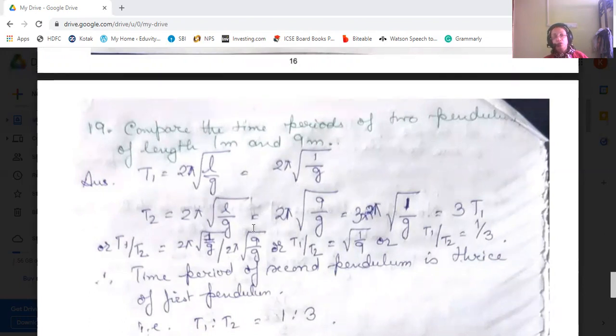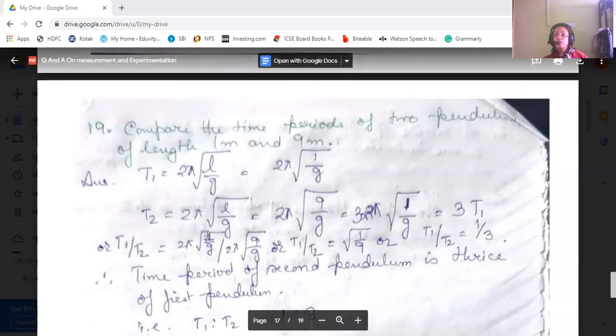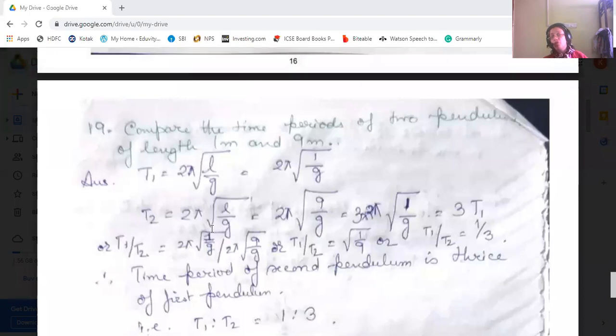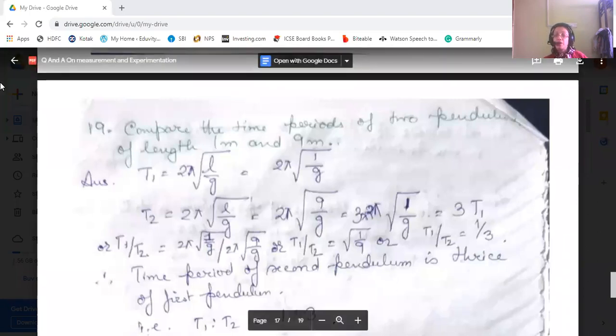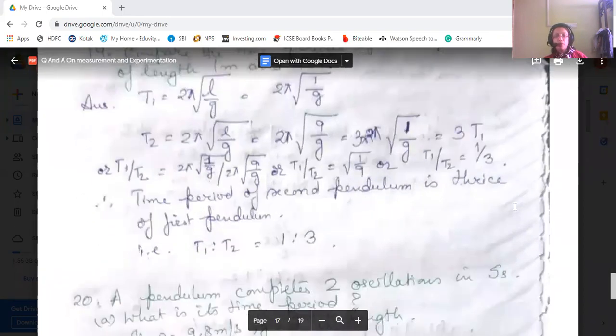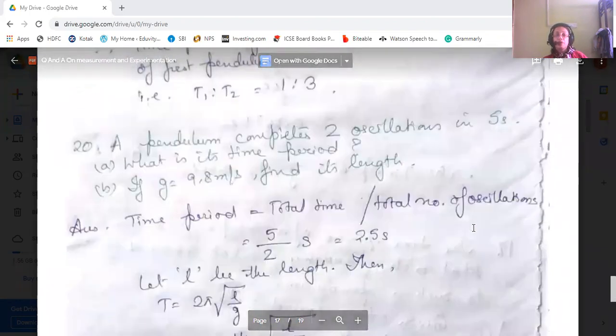Removing the root, what remains is 1:3. So T1 by T2 is equal to 1 by 3. So the time period of the second pendulum is thrice that of the first pendulum.